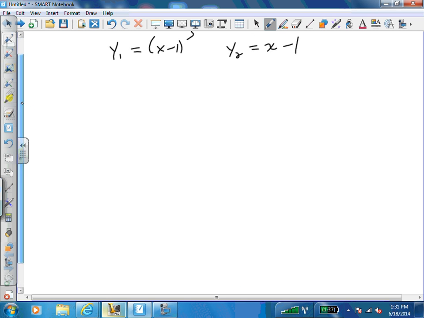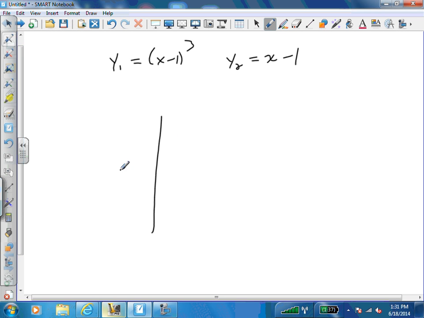It's nice if you have a graphing calculator because you can plot these. And it's good to make a sketch of them.